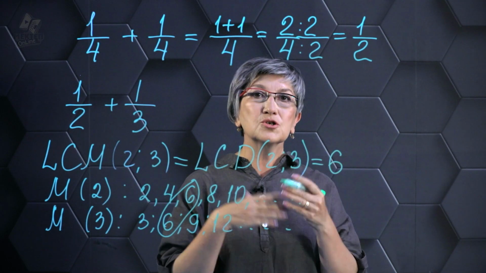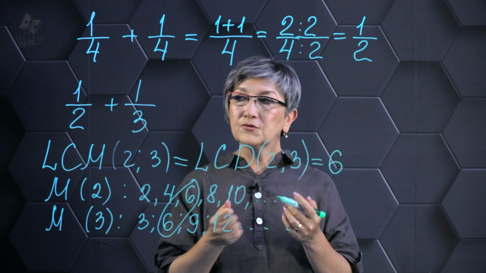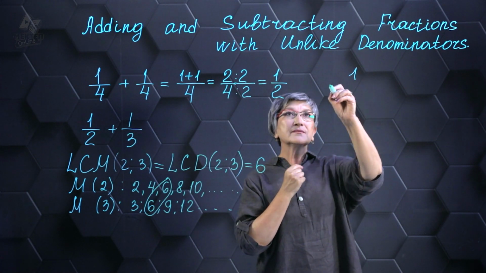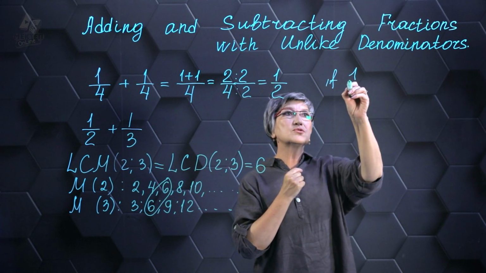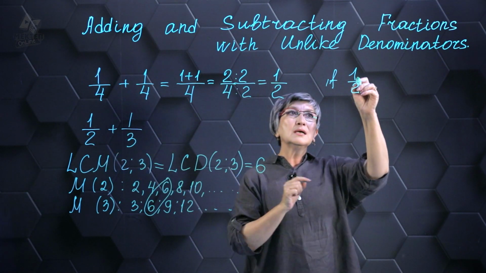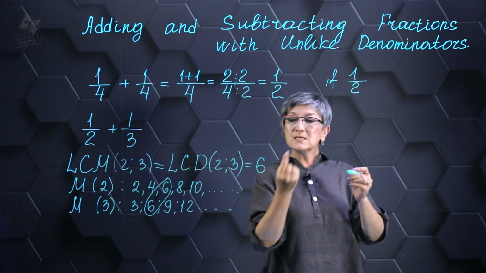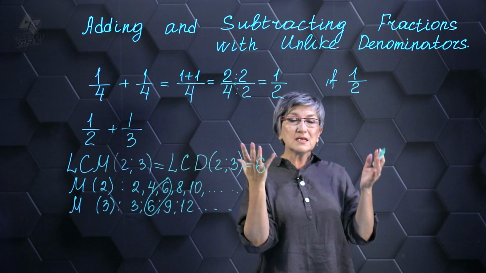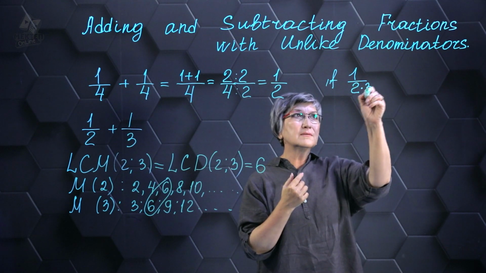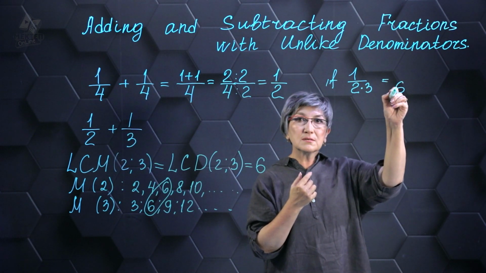So what does that give us? Let me write it down here. We have the fraction 1/2. It is necessary for me to convert the denominator 2 into 6. What do I have to do? I need to multiply by 3, and then I will have 6.